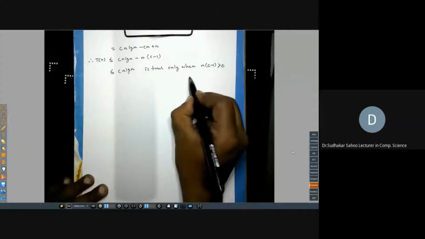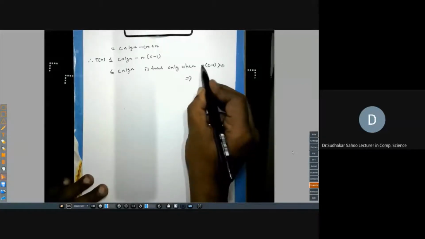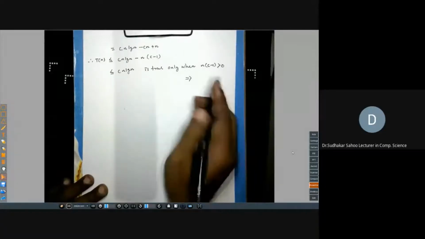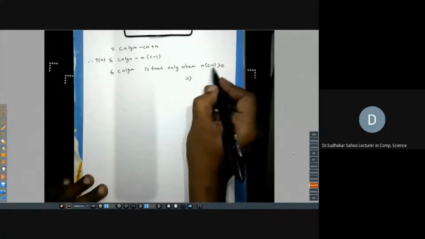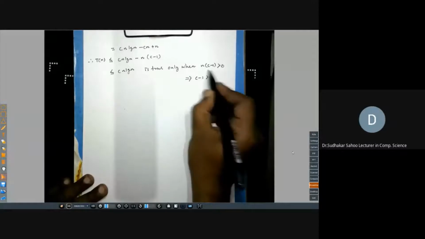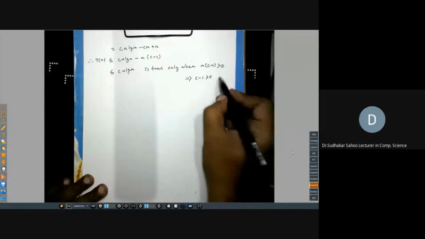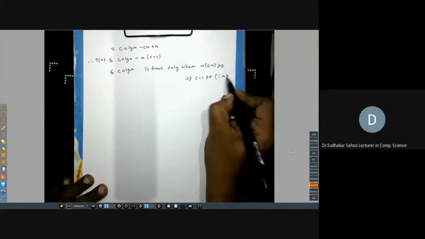So this implies, we know what is n. n is your array size or input size. So this is always positive. So C minus 1 is also positive. If it is positive, this is positive, then only the product is positive. Right? As n is always positive.